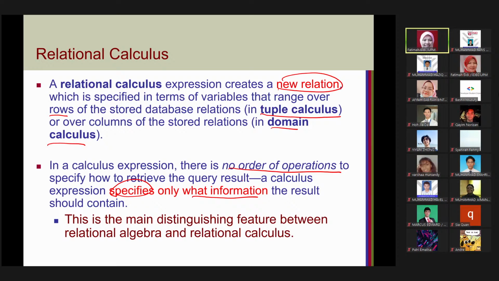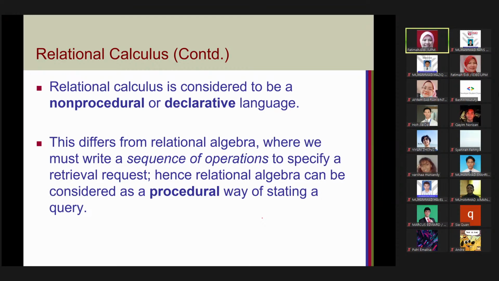So this is the main distinguishing feature between relational algebra and relational calculus. For relational algebra, you have what they call the order of the operation. However, in the relational calculus, there is no order of operation. So here, relational calculus is considered to be a non-procedural or declarative language.